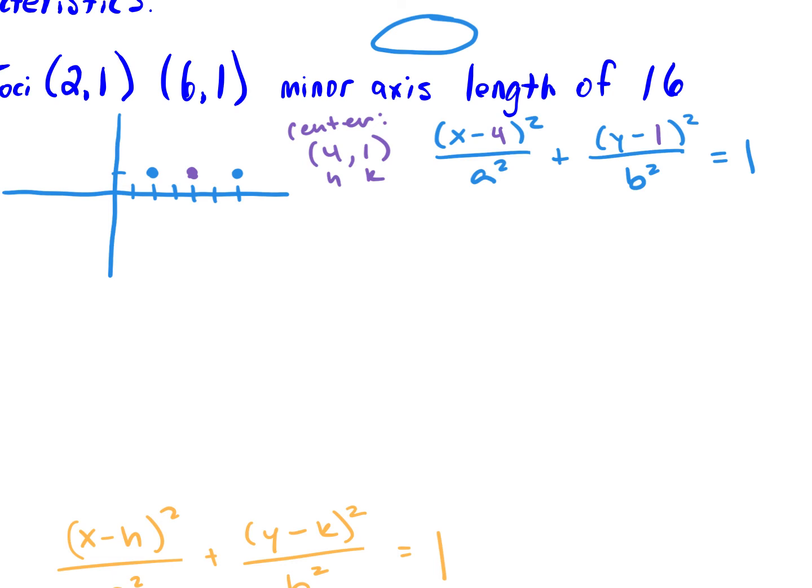All right, next. It tells me that my minor axis length is 16. So I can use my minor axis length to find b because I know that 2b is the minor axis length. So what is b? Perfect. 2b is 16, so divide by 2. b is equal to 8.